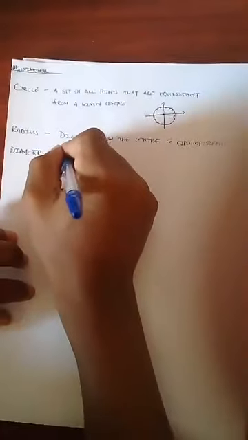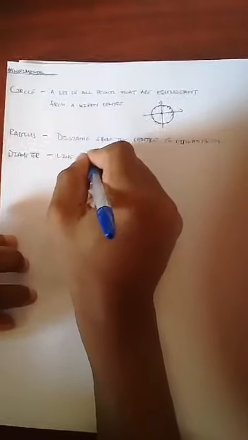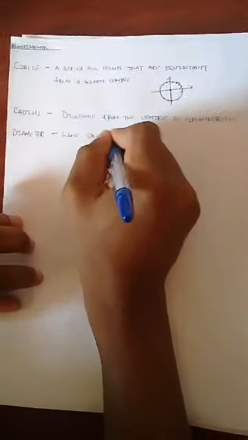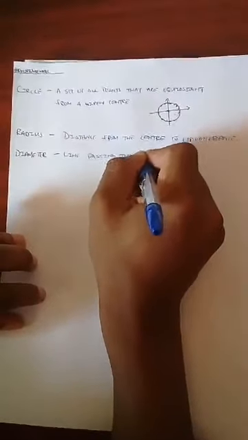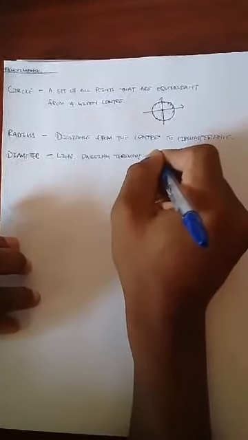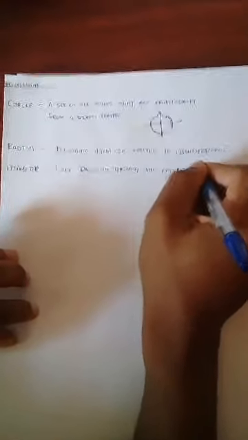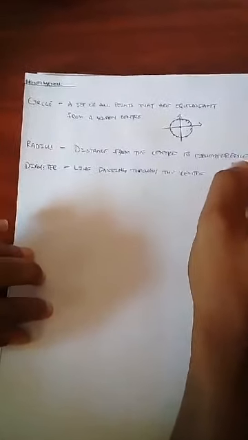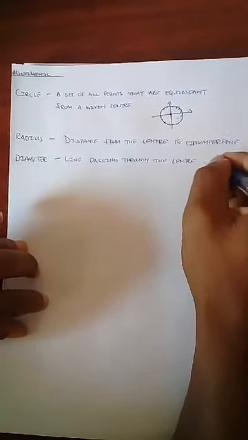It's a line passing through the center, so it must pass through the center of the circle, and it must have two opposite points on the circle.